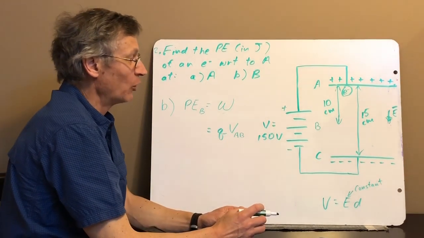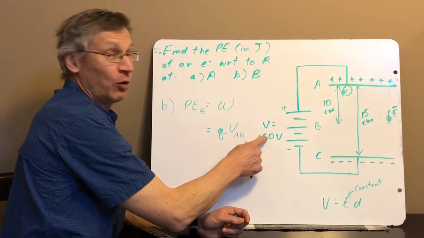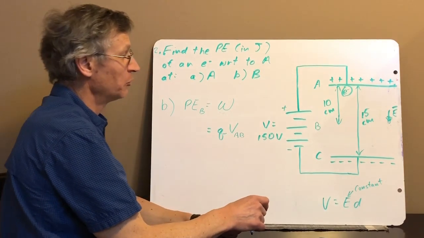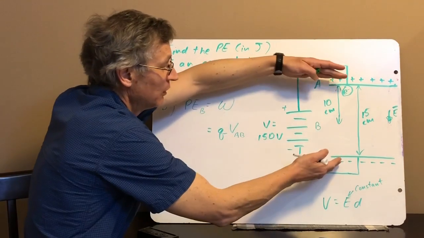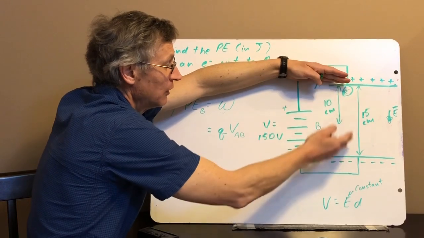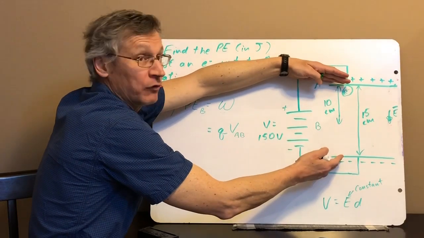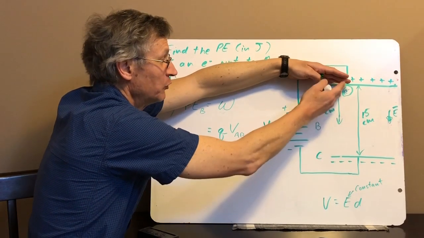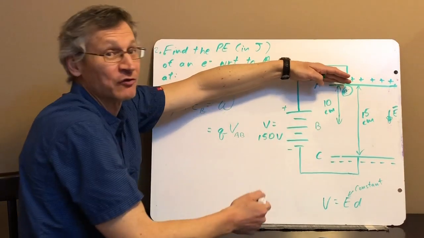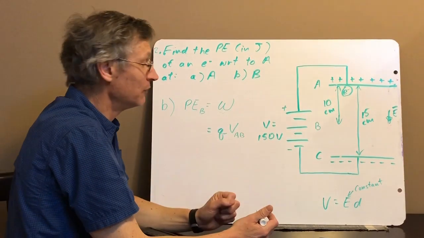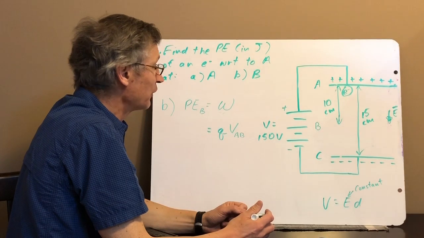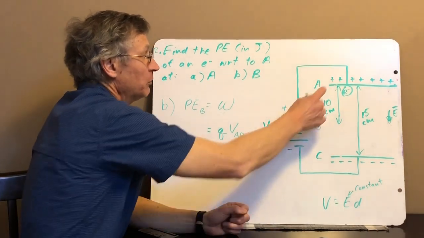That is not going to be 150 volts. Remember, the potential difference between the plates is 150 volts. We just want the potential difference between these 2 points, and that is not going to be 150 volts. How can we figure out what the potential difference is between these 2 points?